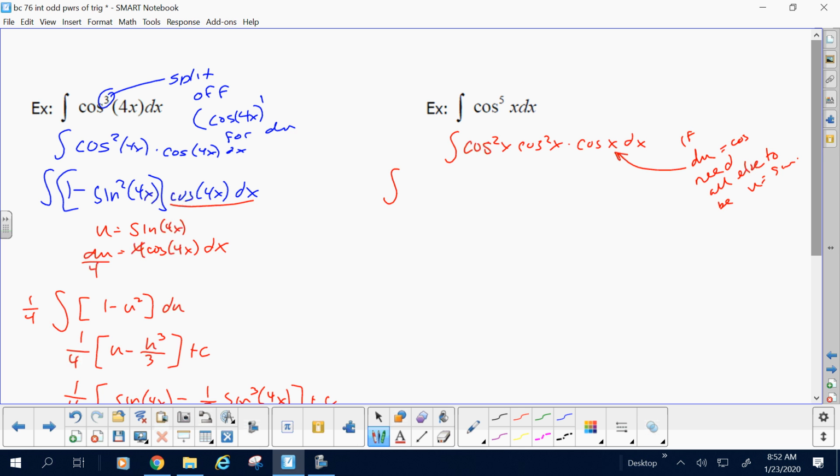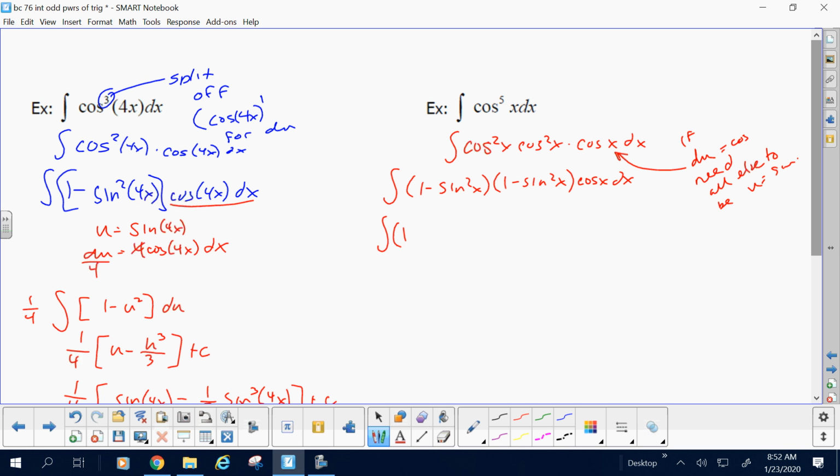What do I put in place of cosine squared? 1 minus sine squared and 1 minus sine squared. Now here's where you're not gonna break my heart and say this is 1 minus sine to the 4th, because then I'll have to walk over to Mrs. LeBlanc's class to review foiling. First is 1.